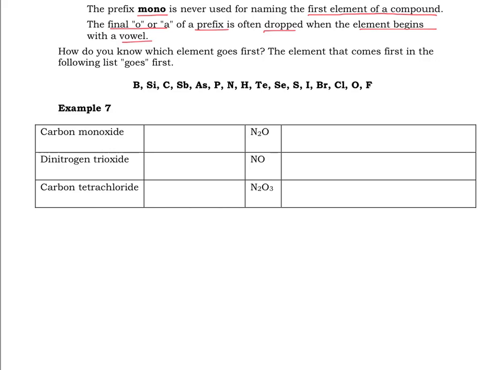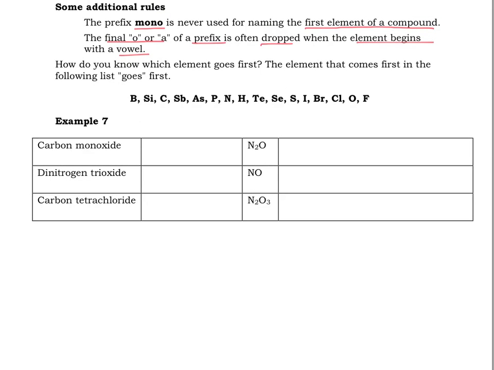And that correct order here, though it isn't actually explained, is going from least electronegative to most. So fluorine's the most electronegative element on the periodic table. Boron is the least electronegative nonmetal.